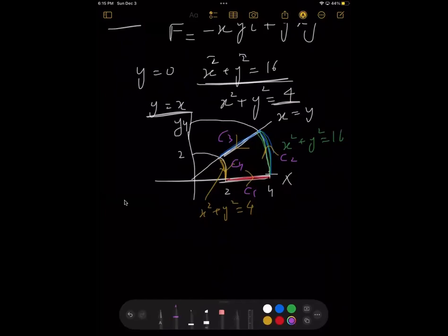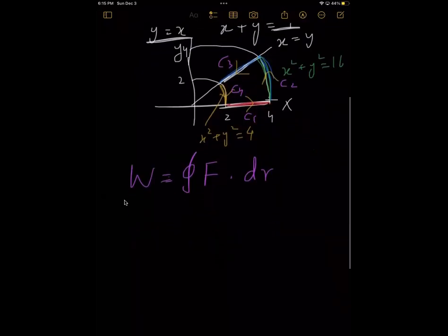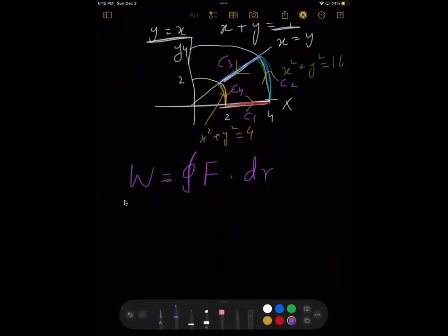So now let's start to solve this one. Work done is the integral of F dot dr. We are given F equals minus x squared y i plus y squared x j, and dr is dx i plus dy j.